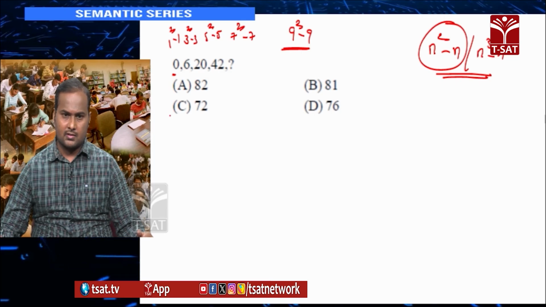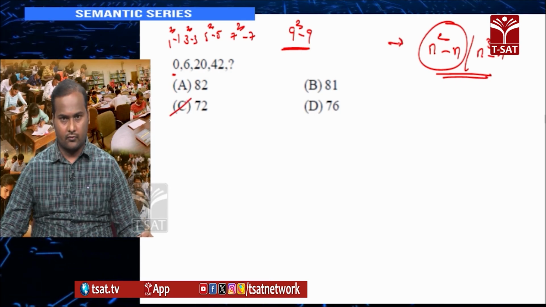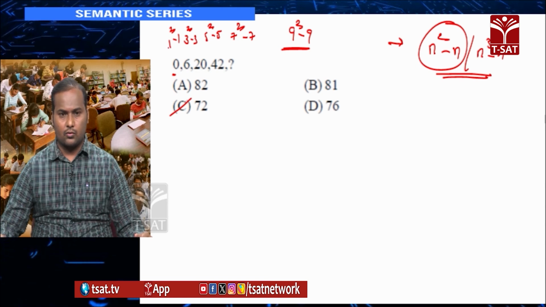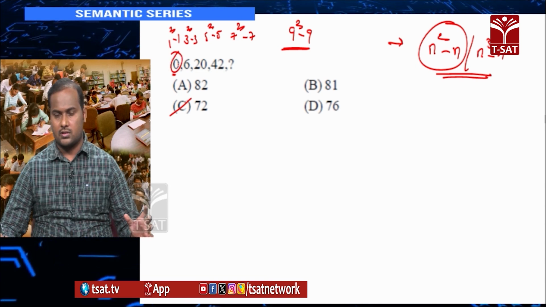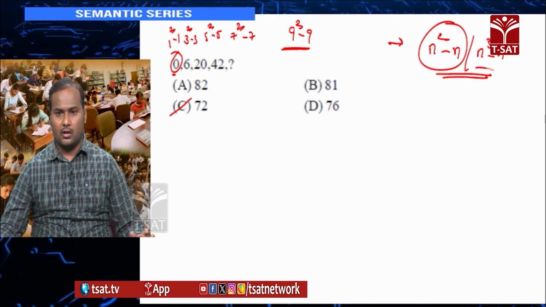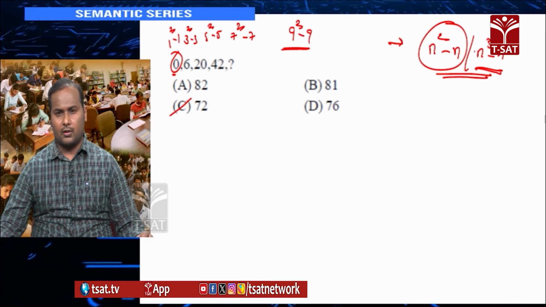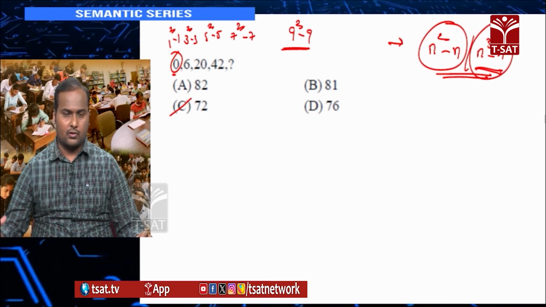So, answer is 72. So, the format is here n square minus n format. So, I already said that the clue is first one 0. The moment you recognize 0, then the first thing that should come in your mind is either the format is n square minus n or n cube minus n. But the thing is in n cube minus n, the difference will be very big numbers because they are cubes.